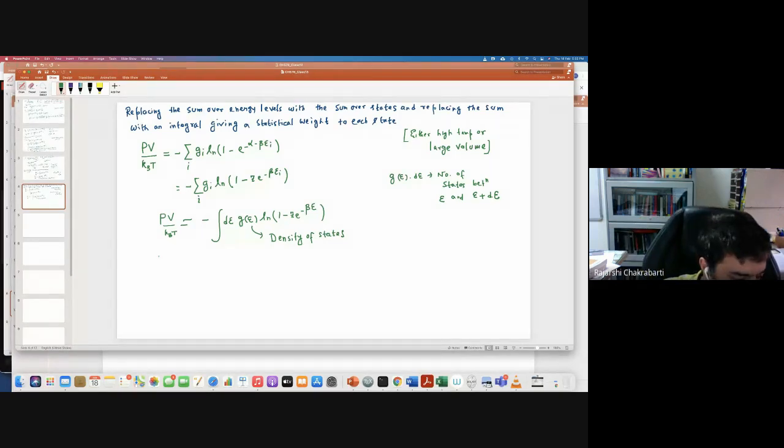Okay. So this is one quantity you can calculate. You can calculate one more quantity. You know that N, the total number of particles, I can always write as the sum over ni, isn't it? And what is the expression of ni average? You remember, no? What was the expression?